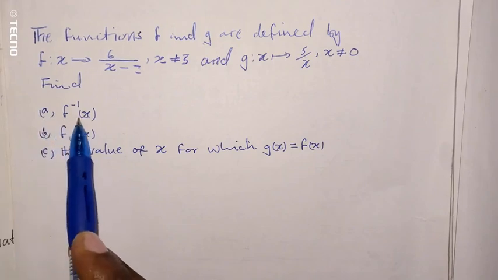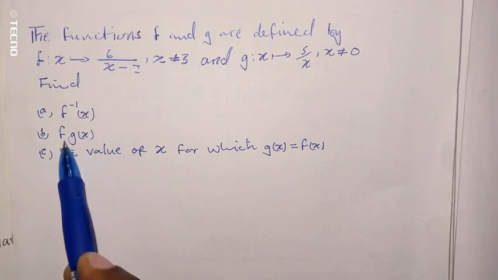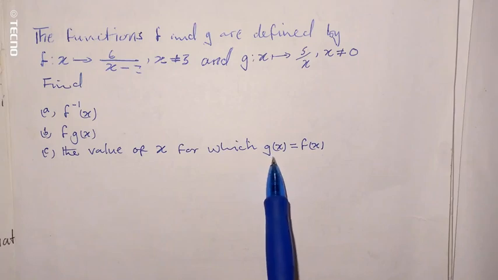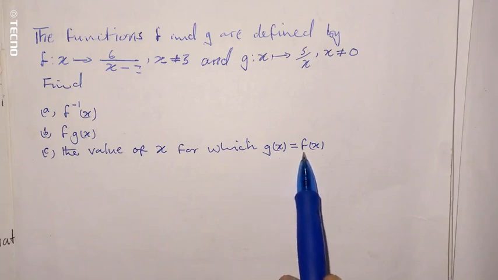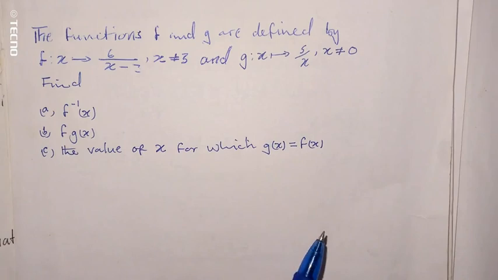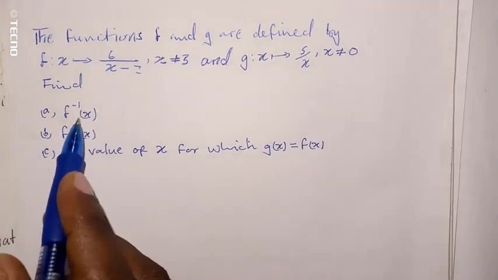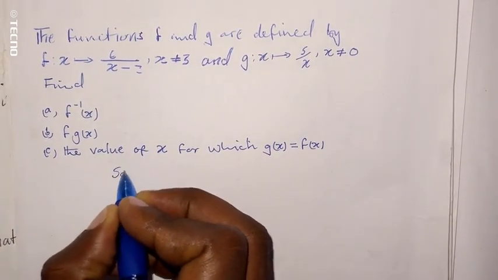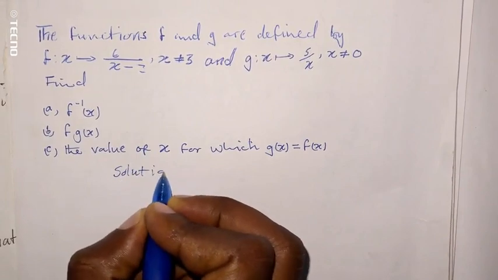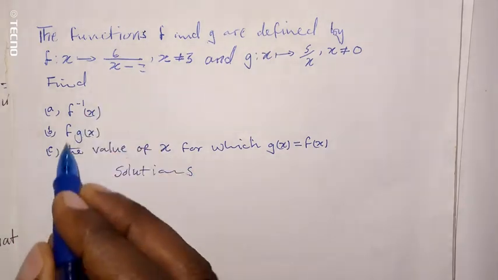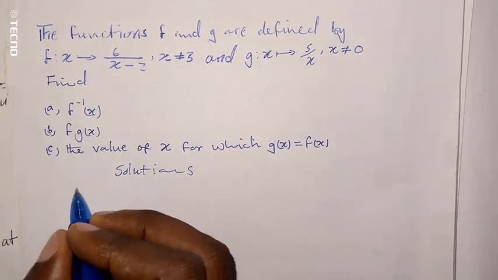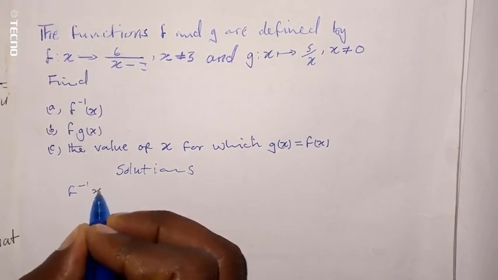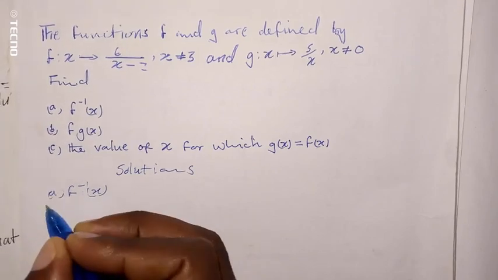Okay, so find a, f inverse of x; b, f g x; and c, the value of x for which g of x is equal to f of x. So first, to find the inverse of x, here what we want to find is f inverse of x, which is a.